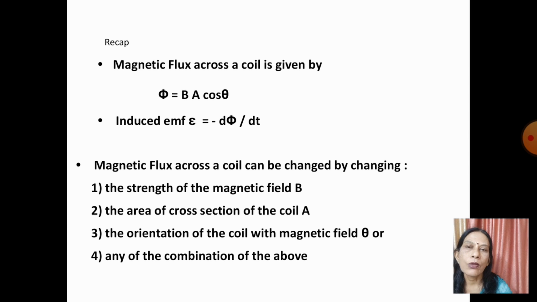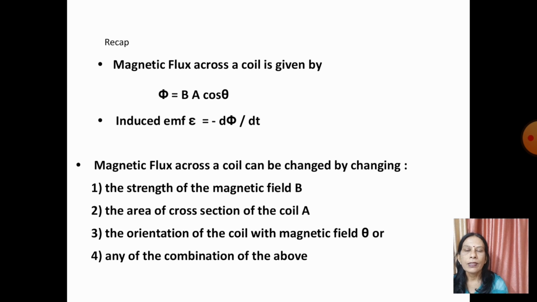Now let's recall what we have studied earlier. We have studied about the magnetic flux, which is equal to BA cos theta. We have studied about the induced EMF given by Faraday's and Lenz's law, which is equal to minus d phi by dt. The minus sign indicates that the induced EMF will be such that it always opposes its cause.